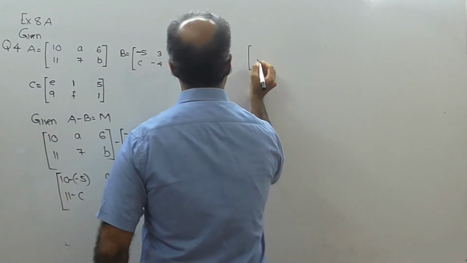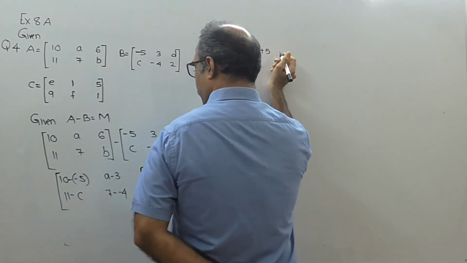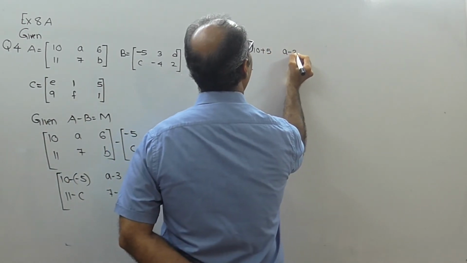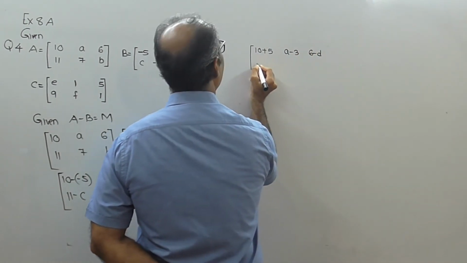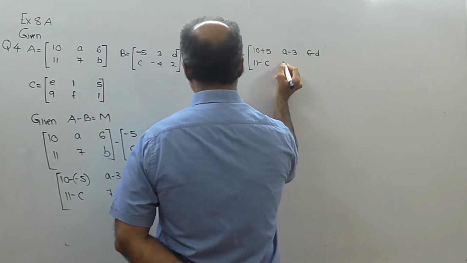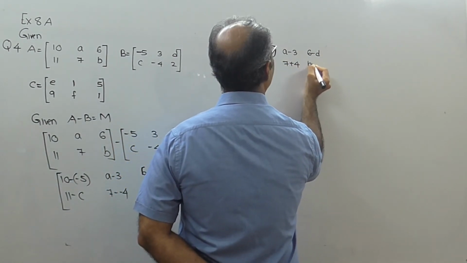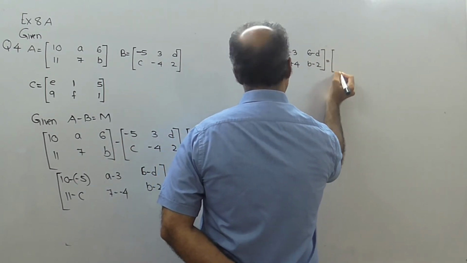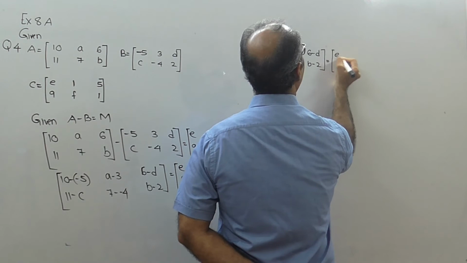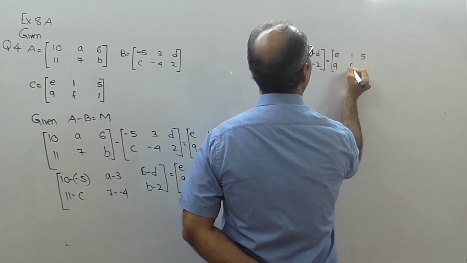This becomes 10 minus of minus 5, that is 10 plus 5. This will remain a minus 3. This is 6 minus d, 11 minus c, 7 plus 4, b minus 2, which is equal to e1, 5, 9, f1.